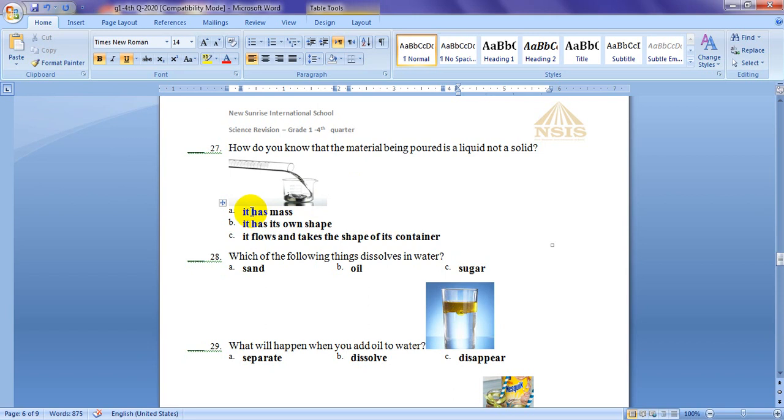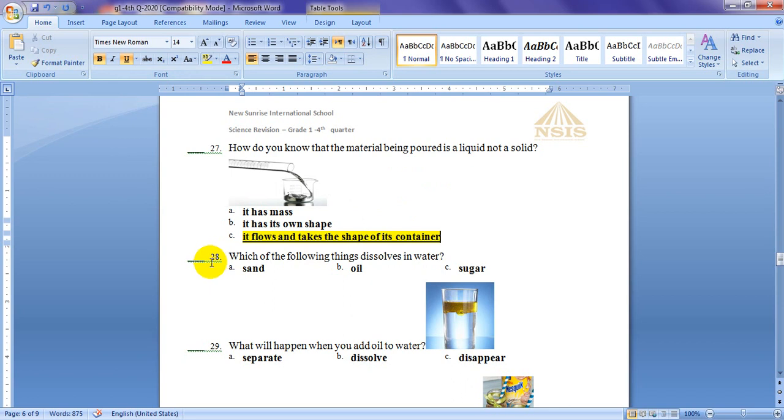Of course, it's not letter A, because both solids and liquids have mass. What about letter B? It has its own shape. Does a liquid have its own shape? Of course not. What about letter C? It flows and takes the shape of its container? Yes, this describes a liquid. A liquid flows and takes the shape of its container.